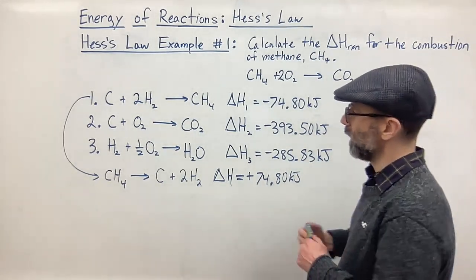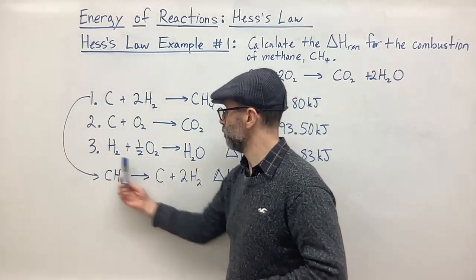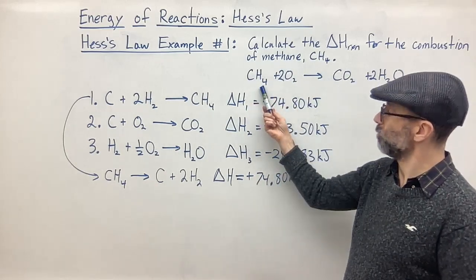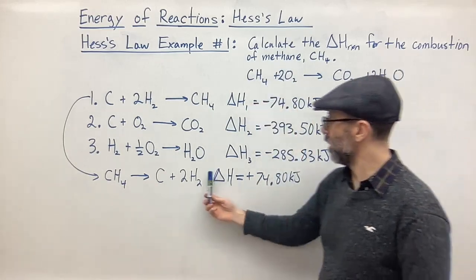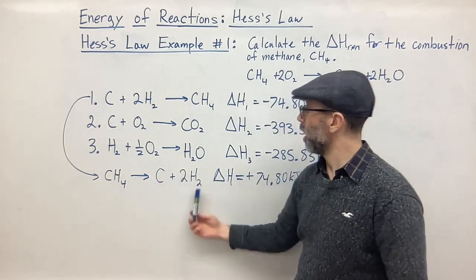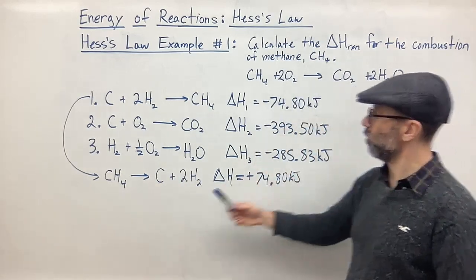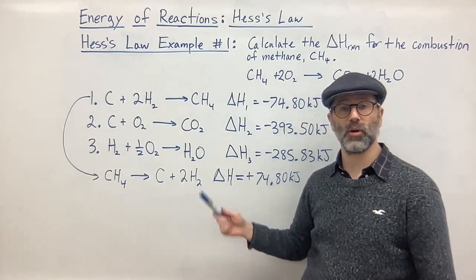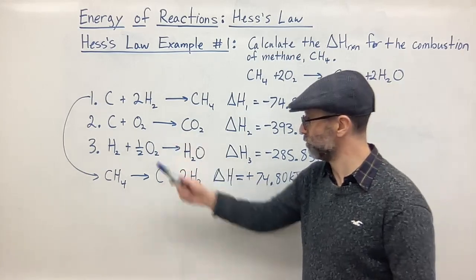Okay, so now we have one CH4 as a reactant, and we have CH4 as a reactant here. We have hydrogen and carbon here. We don't have hydrogen and carbon in the target, so what we're looking for is that these will be canceled out by the other 2 reactions.